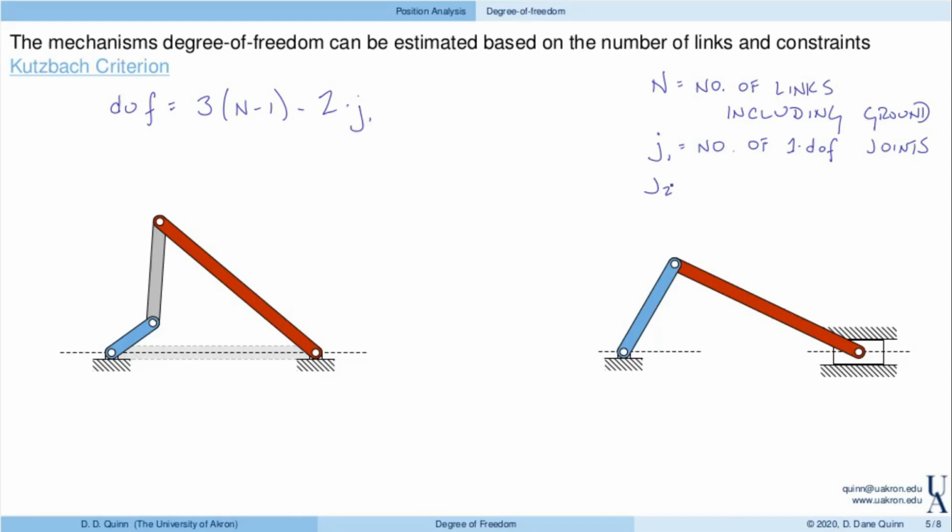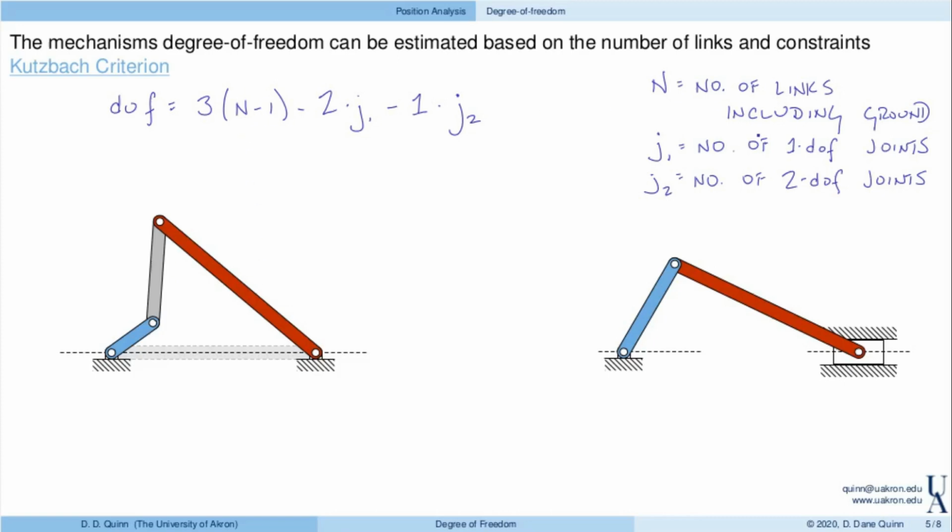And then let J2 be the number of 2 degree of freedom joints. So those were like slider joints. And each one of those only removes 1 degree of freedom. So we have the total number of degrees of freedom associated with the free links.